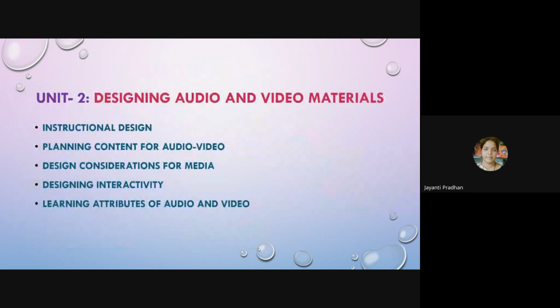Now we'll discuss our second unit, that is designing audio and video materials.